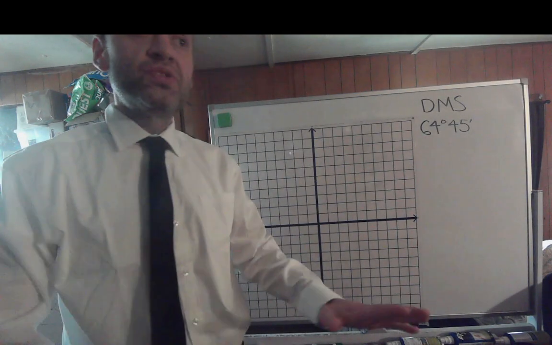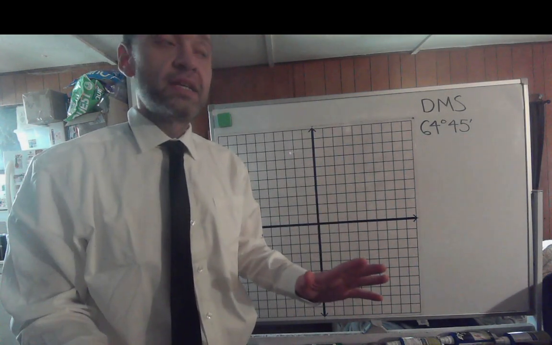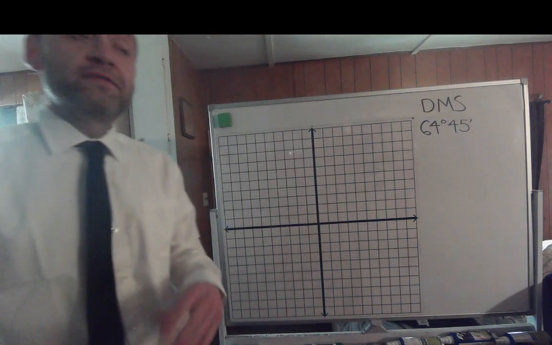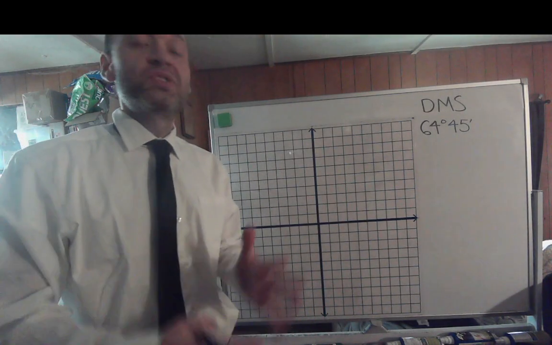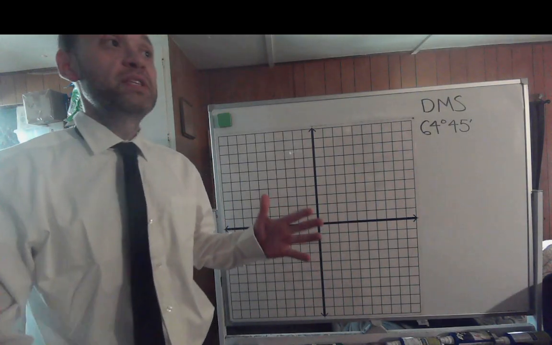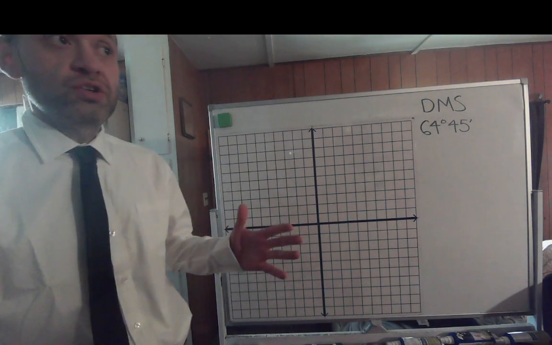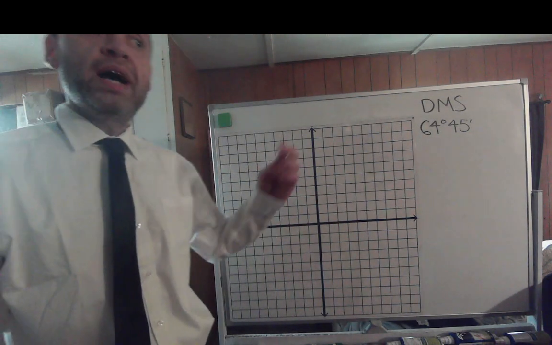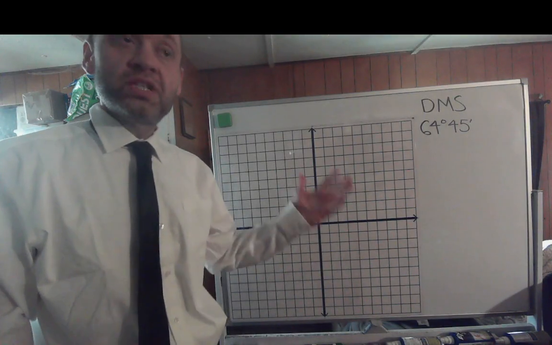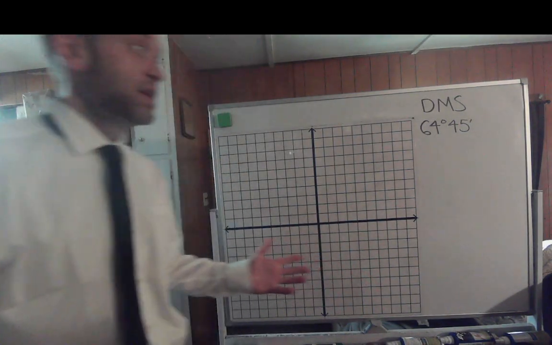Why would you use degrees, minutes, and seconds? It's used all the time, definitely in nautical applications, so sailors use it all the time. It's more precise than trying to just use degrees with decimals. Also pilots use it, or aerospace, those types of things.